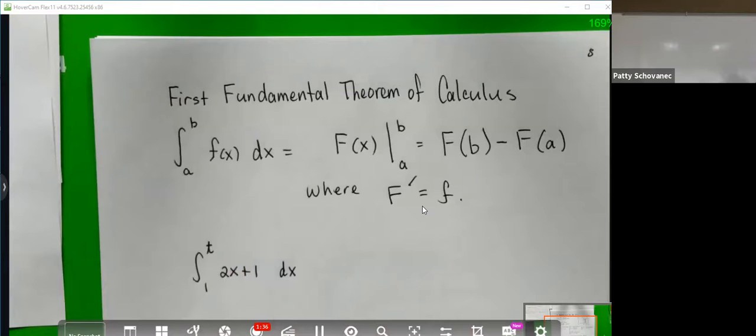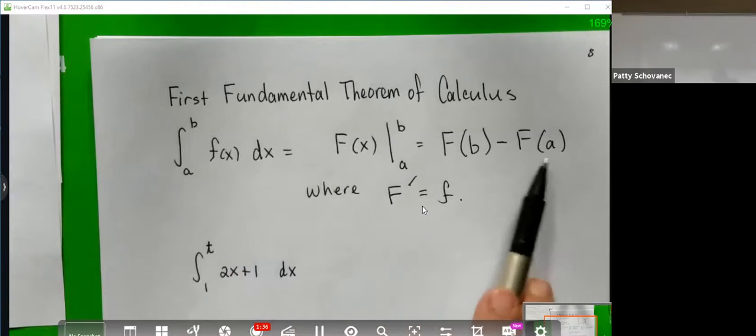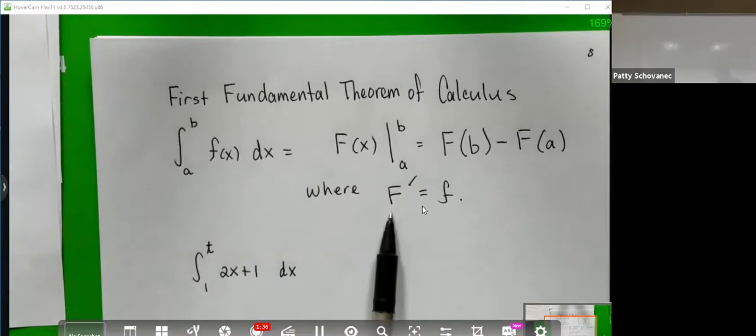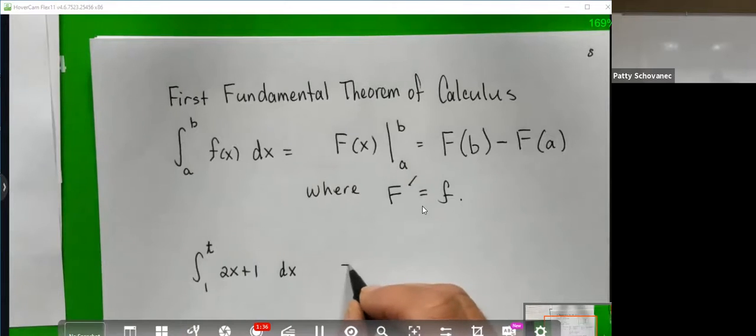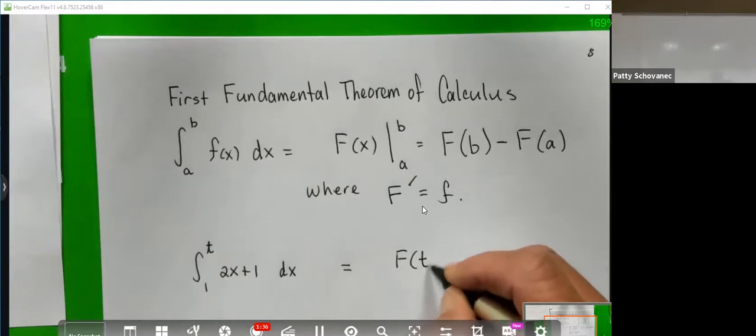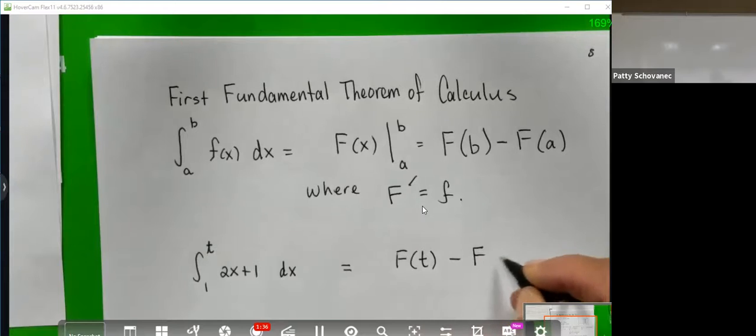Now I've got an antiderivative. I'm going to evaluate it at t and evaluate it at 1. So I'm going to get the antiderivative as a function of t. Now suppose I say, take the derivative of that thing. This is going to give you some version of the antiderivative at t minus the antiderivative at 1.